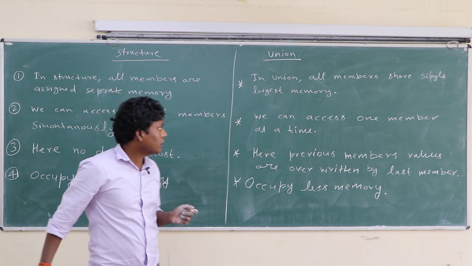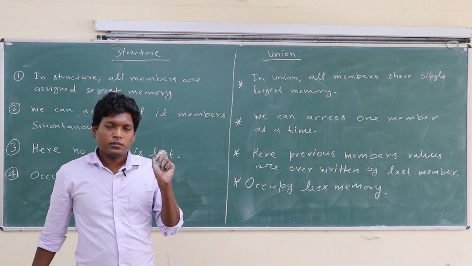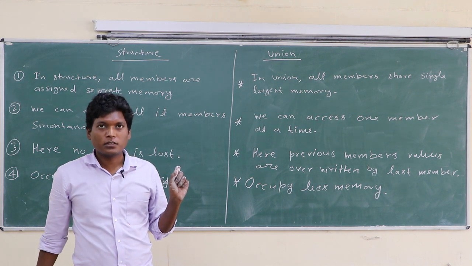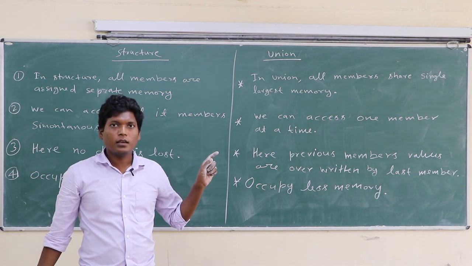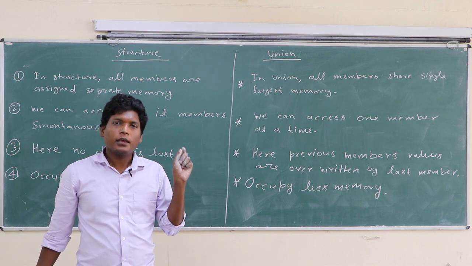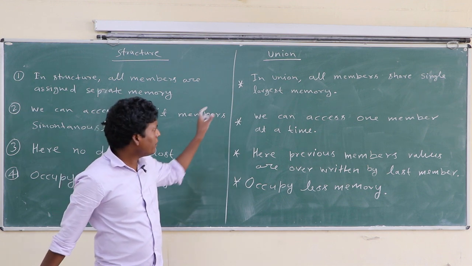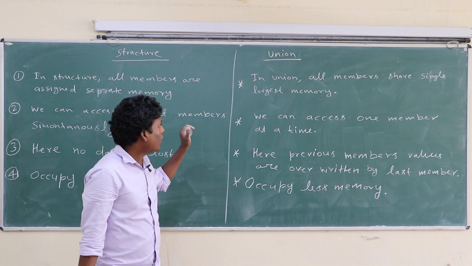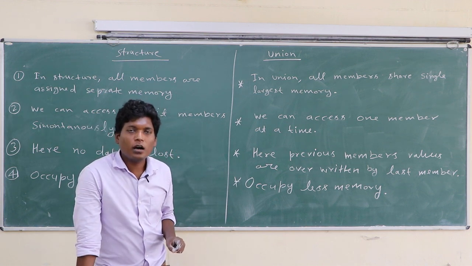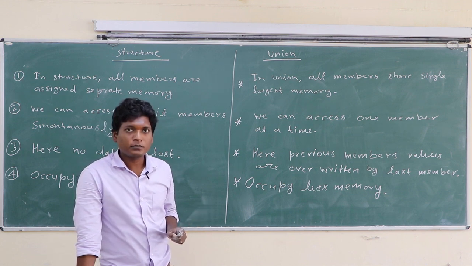In case of union, a single largest memory is shared by all members of the union. The largest space occupied by any union member is shared by all members. We cannot access all members of a union simultaneously.